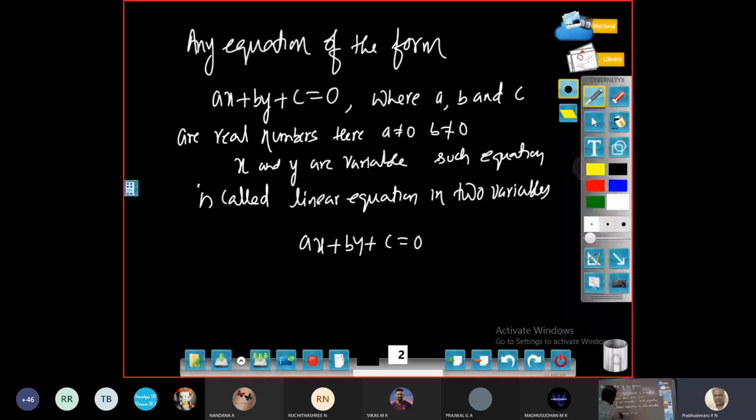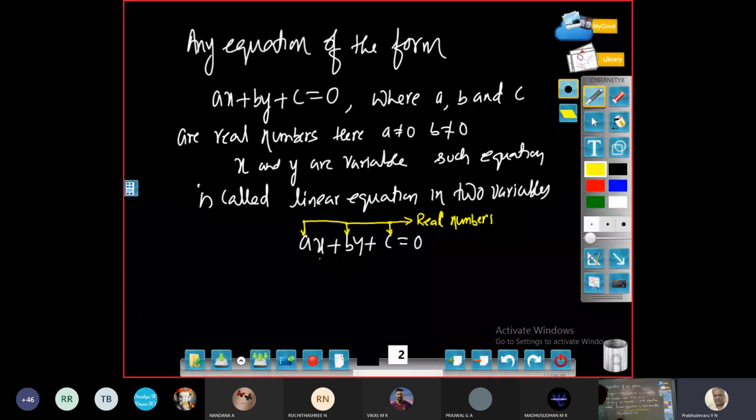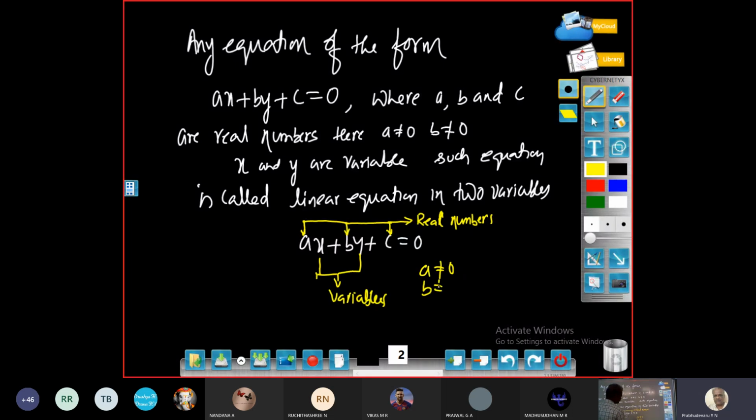Here a, b, c are real numbers, and x and y are both variables. The condition is a should not be equal to 0, b should not be equal to 0. c can be any real number.